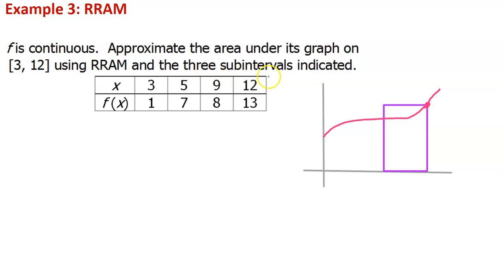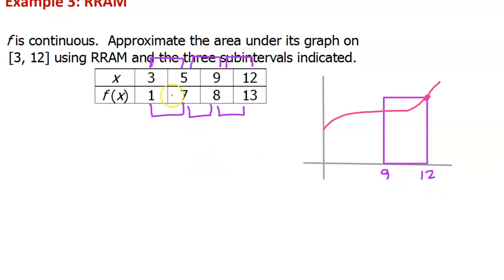It says 3 subintervals indicated, so these are the intervals: 3 to 5, 5 to 9, 9 to 12. These are the subintervals. So let's say that this rectangle represents the interval from 9 to 12.